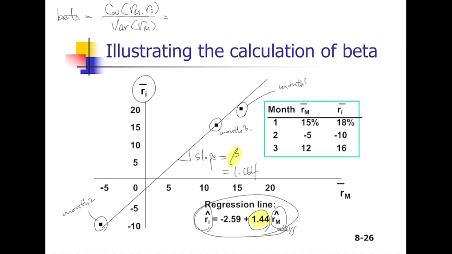And we can rewrite it as rho Rm,Ri times sigma Ri over sigma Rm, right? So the important part is here.